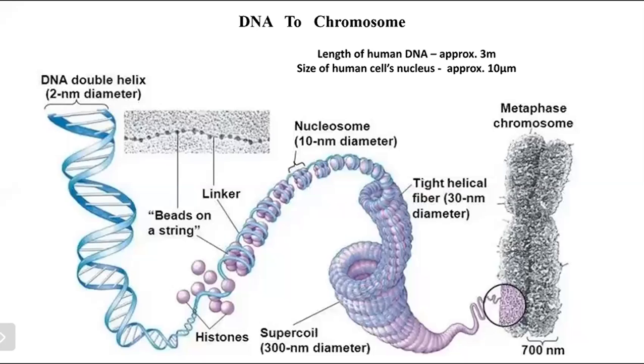So this is how the DNA gets converted into a chromosome during cell division. Only at cell division is the chromosome visible. Afterwards, it usually is in the chromatin form. During interphase, the genetic material remains in the chromatin form, because it has to be open for replication and transcription.